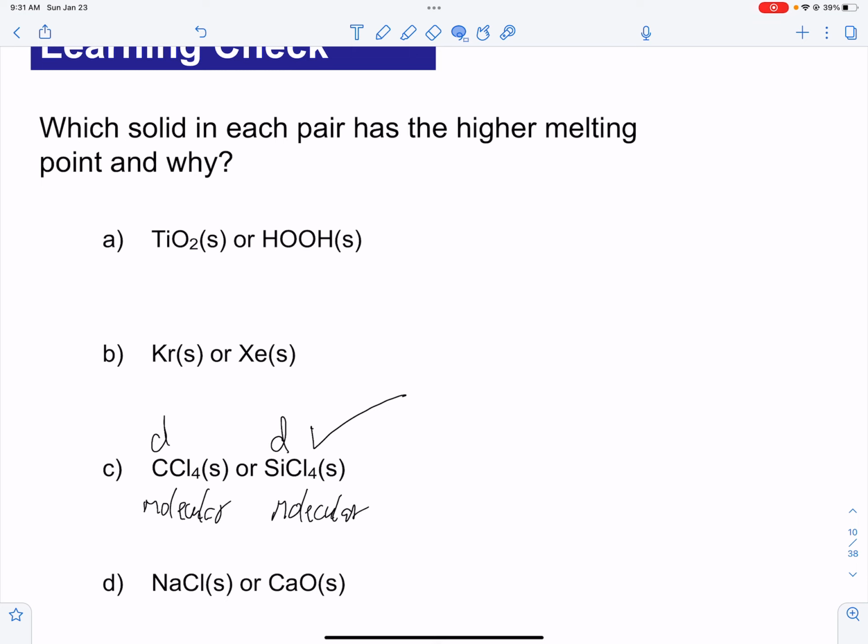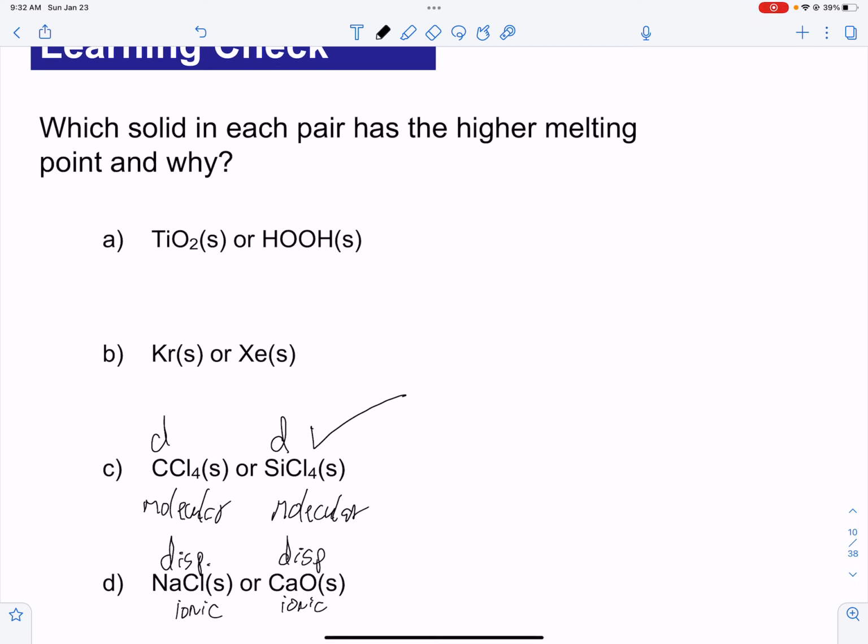What about the last one? The last one is ionic and ionic. So both of them are ionic, so they will be very similar. However, all matter contains dispersion.